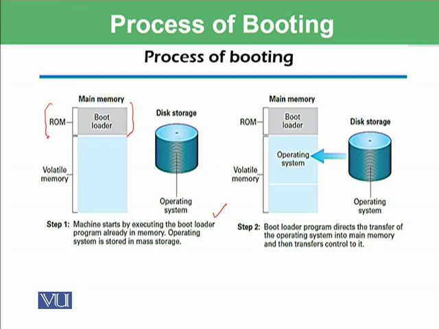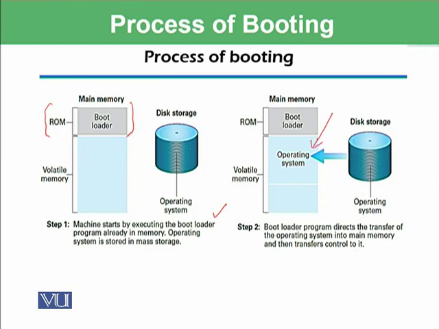The operating system is stored in mass storage. In step 2, this bootloader program directs the transfer of the operating system into the main memory and then transfers control to it.